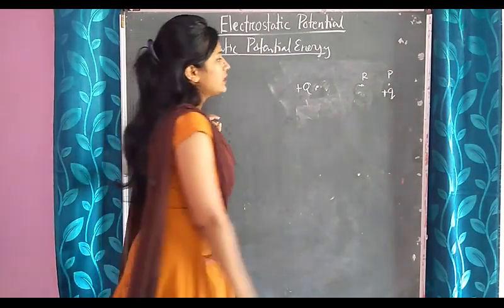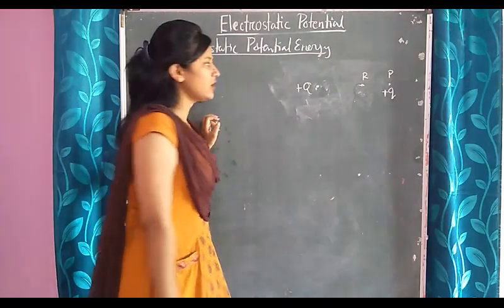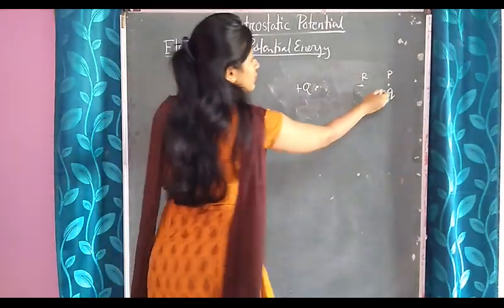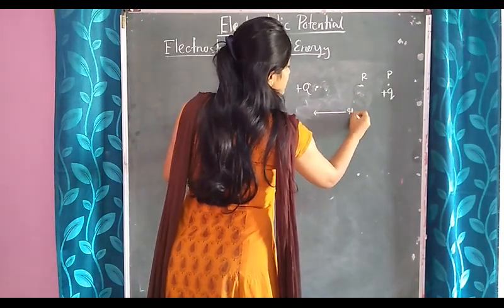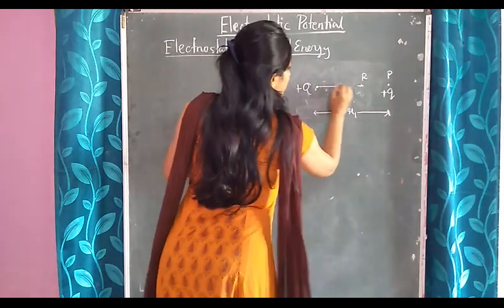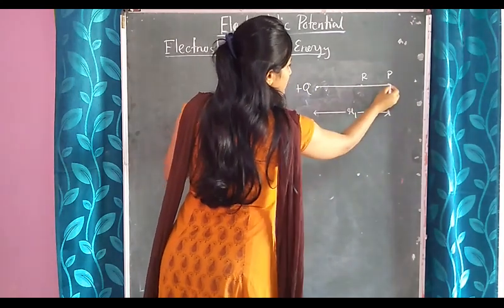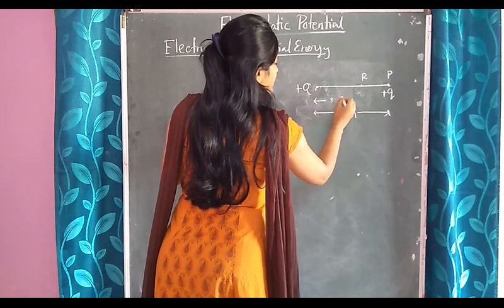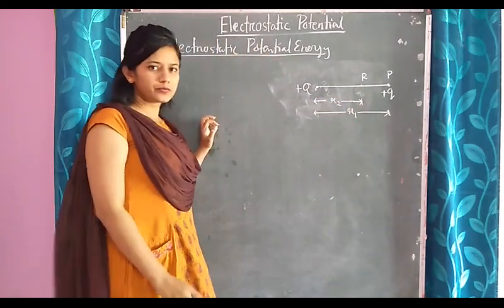That will be our electrostatic potential energy for this point. Suppose first this point P is at a distance of r1, and we are bringing this charged particle from point P to R, which is at a distance of r2.